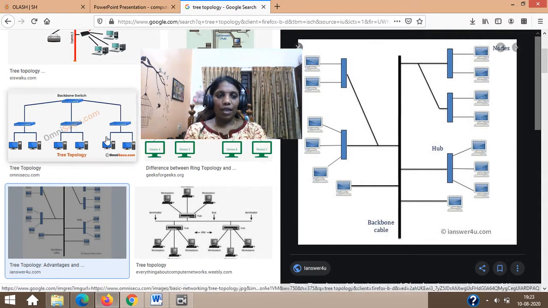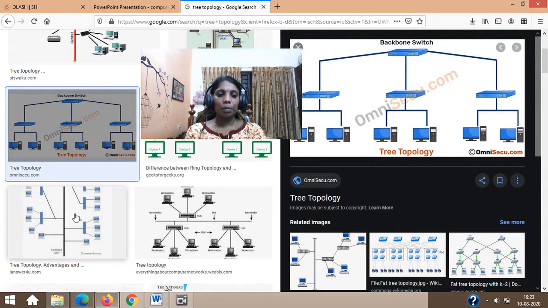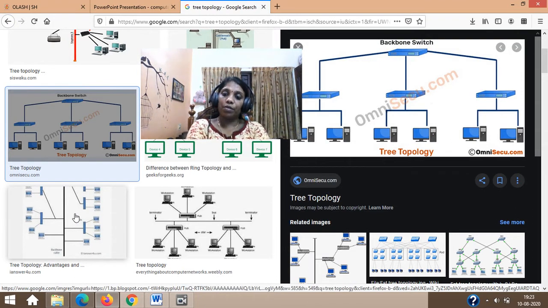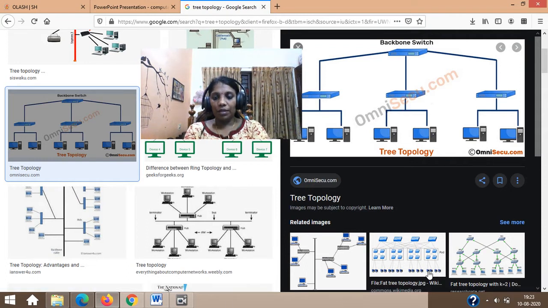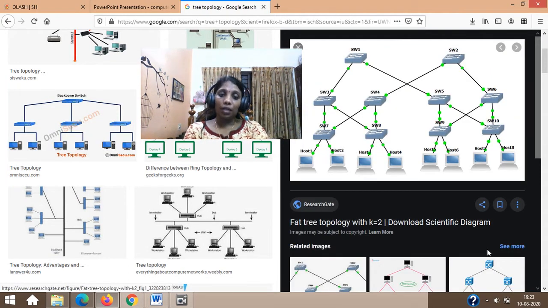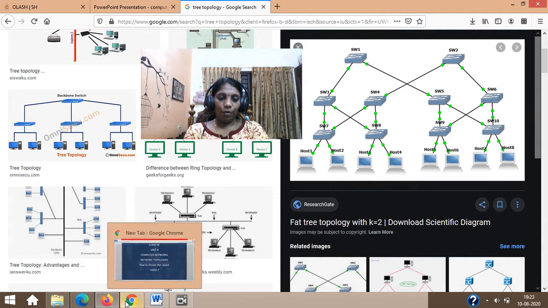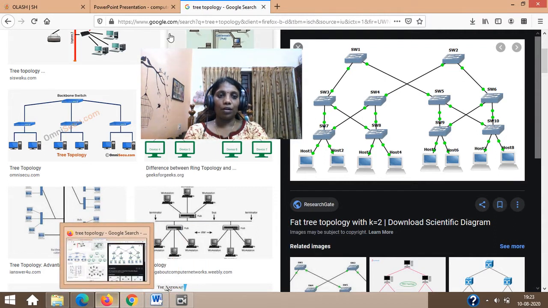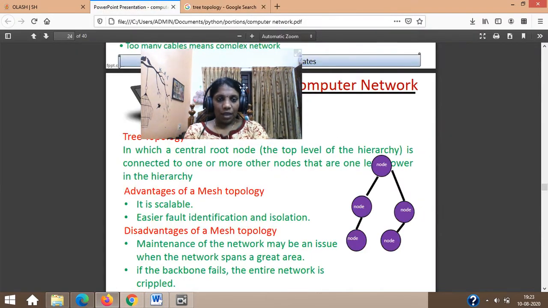So even though we say it looks like an inverted tree, in some of the diagrams it doesn't look like an inverted tree, because when a combination of so many things happens, it doesn't look like a tree itself. But tree definitely is a combination of one or more other kinds of topologies. So I would like to say a combination of two stars, or two stars and one bus together, can make a tree topology. So that's regarding how a tree topology looks like.